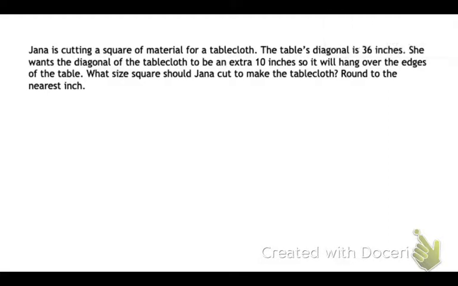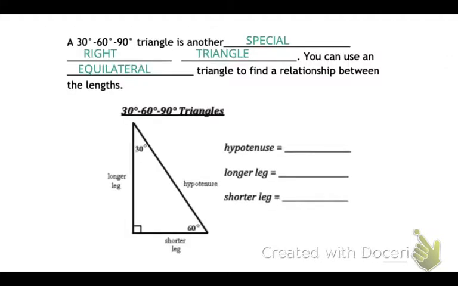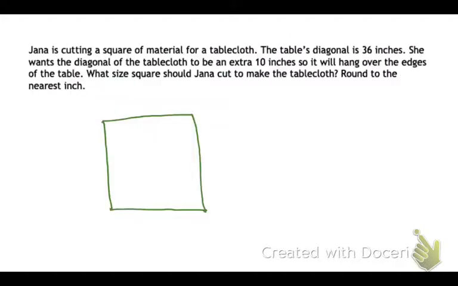So we're going to start with our table. And once we have the table drawn, we're going to draw in our diagonal of 36 inches. She wants the diagonal of the tablecloth to be an extra 10 inches so that it will hang over the edges of the table. What size square should Jana cut to make the tablecloth?